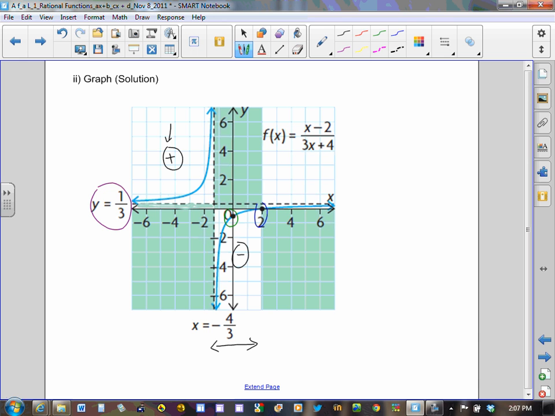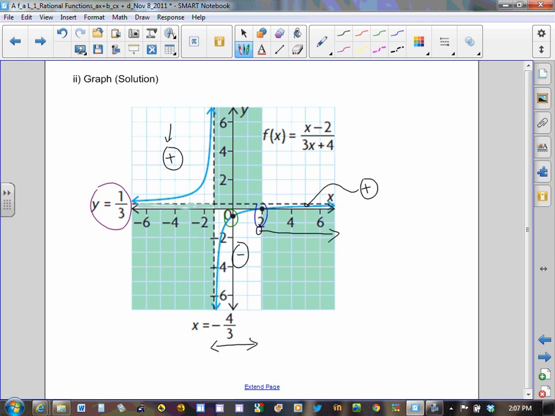And then anything that goes beyond positive 2, we tested it and saw that the function was positive. And there's only a very small region where that happens, and it's right here. In between the HA and the x-axis, do we see those positive values again?